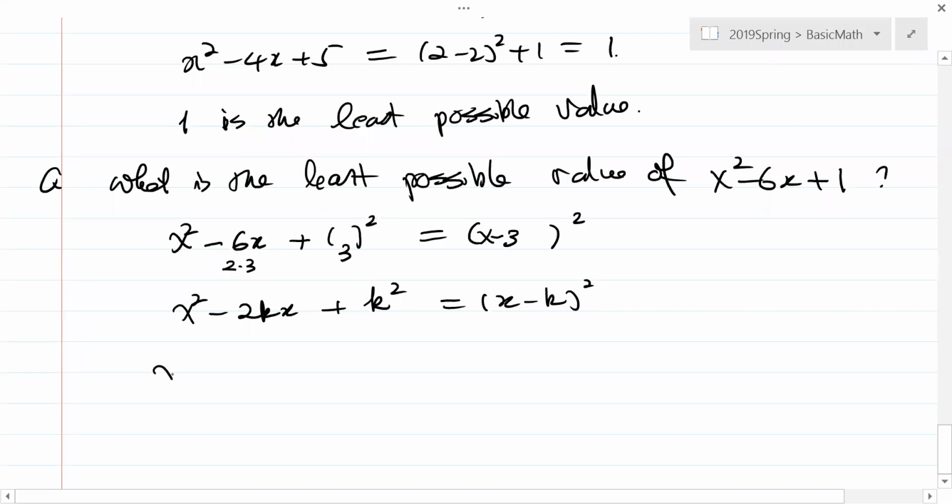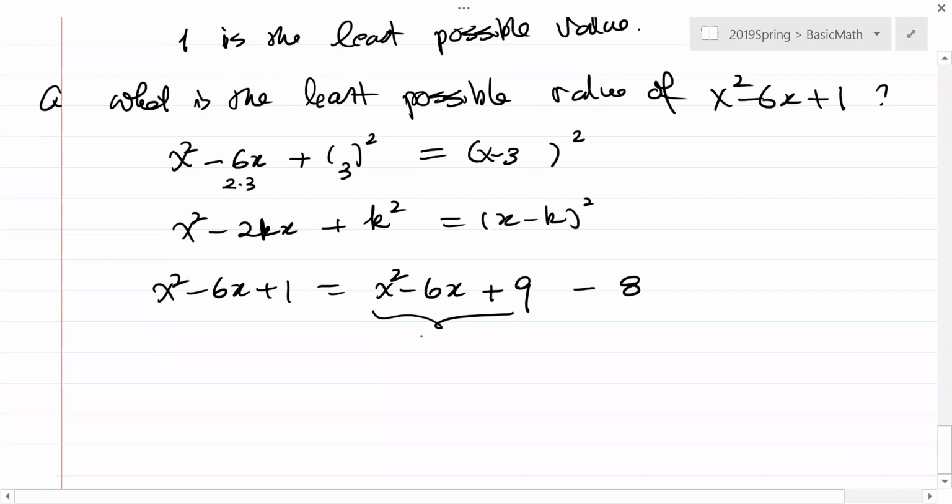Okay, so x squared minus 6x plus 1: I have to add 9 here, but I have to subtract the 9, so it's negative 8. The first 3 terms can be grouped together: x minus 3 squared plus negative 8.